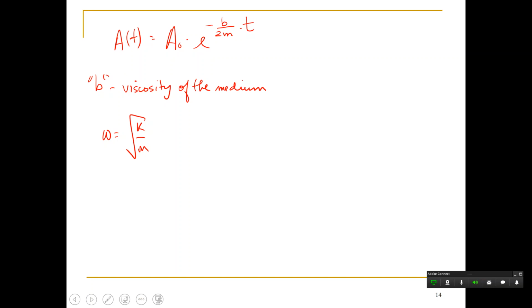This is the angular frequency of the oscillation, how fast it was going up and down. And this is not necessarily the case anymore because you have some damping. This value is also going to change.